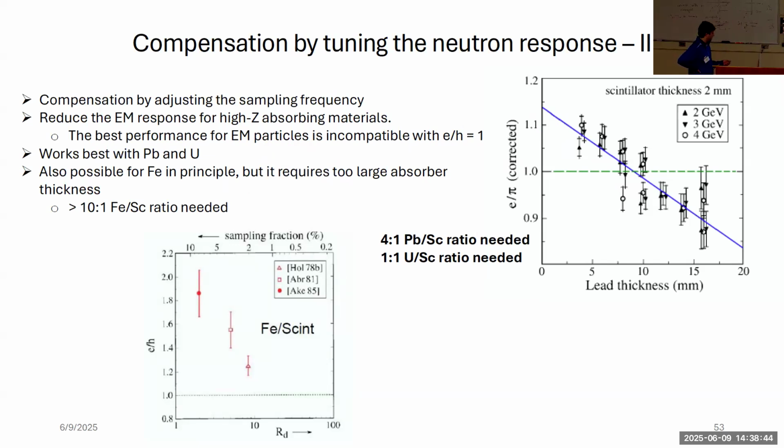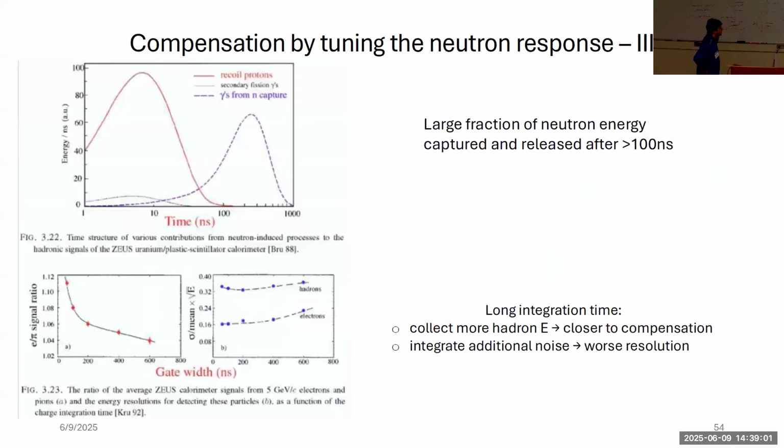So for example, in a lead scintillator setup, if you have a 4-to-1 ratio of absorber to active material, you can get close to compensation if you have a hydrogenous active material. Okay, so then the other thing is you can change what time you integrate your signal over. And the longer you integrate your signal, you can get more of the neutron response.